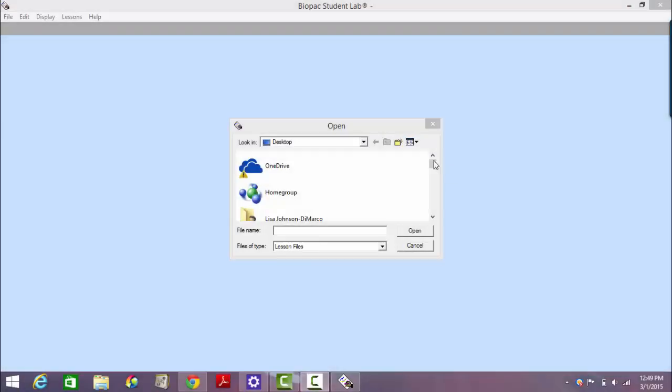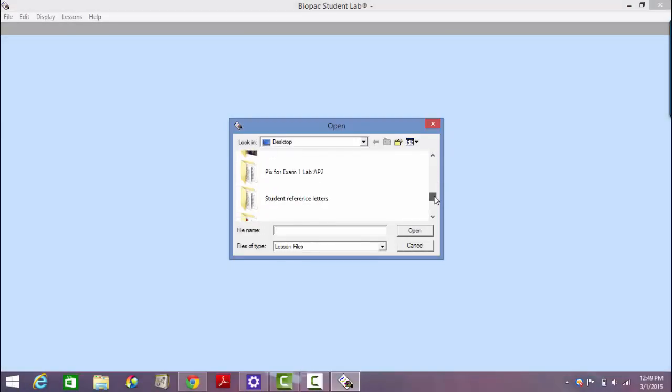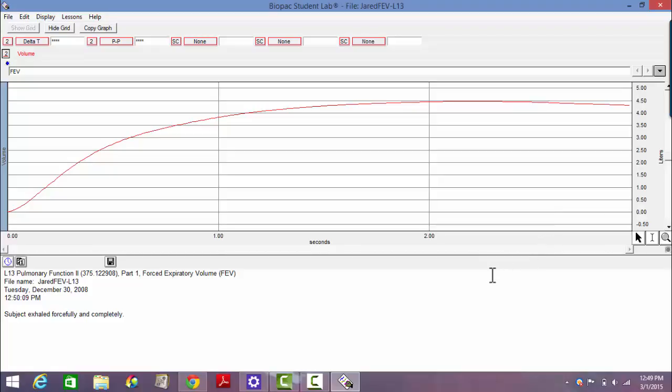So let's switch over now to lesson 13, which is the second experiment that we did with our subject. And you're going to notice something that looks a little bit different than what we did in class. The reason it doesn't look like a regular spirogram is because we had our subject take a deep breath in, a maximal deep breath, and then we had them force it out as quickly as they could, as maximally as they could.